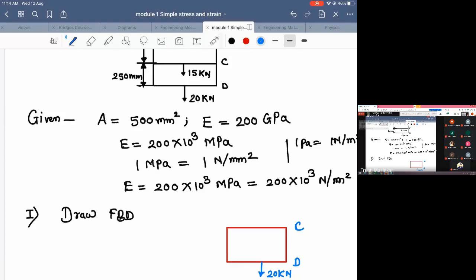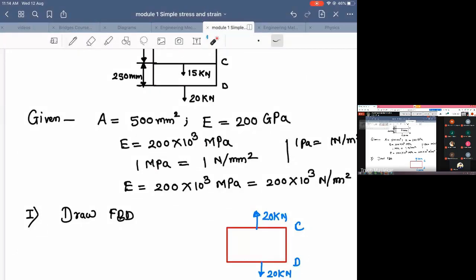To this side also, the same amount of force, 20 kilonewton, tensile in nature. And to the point C also I will show the same amount of force.